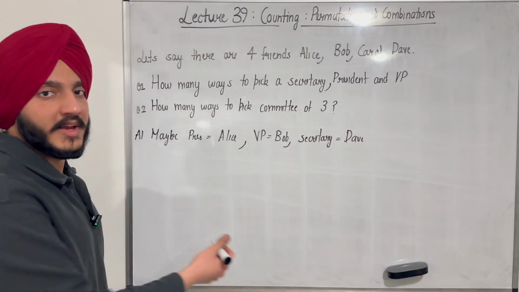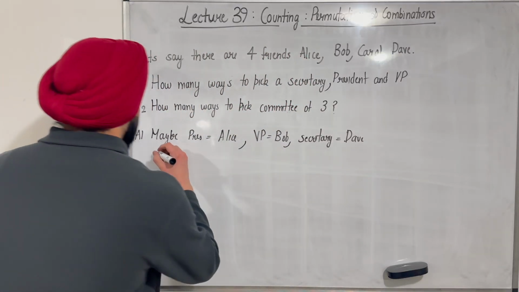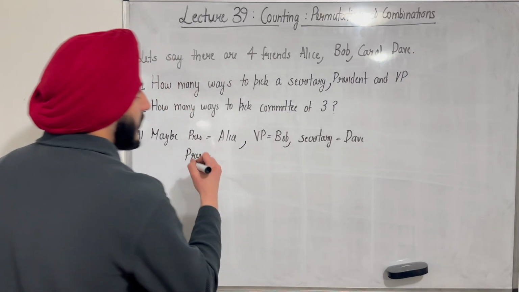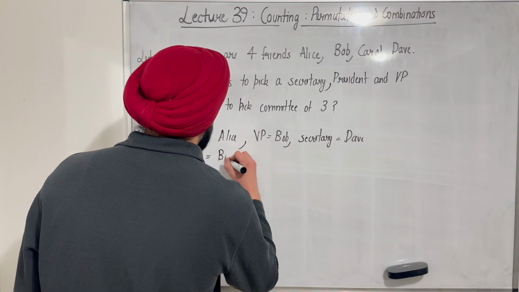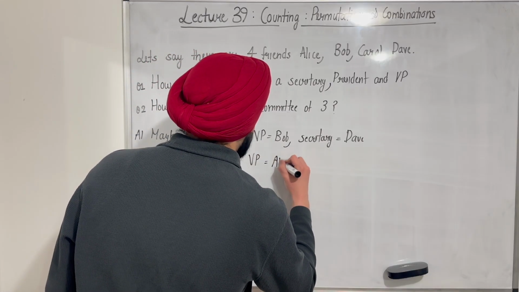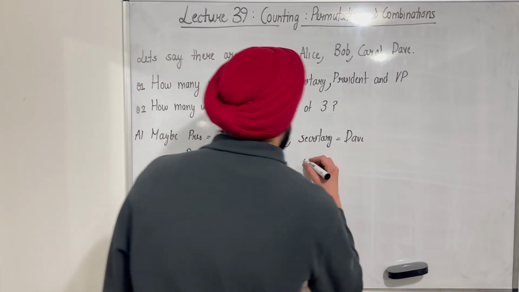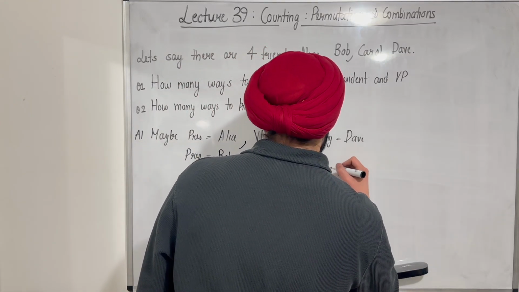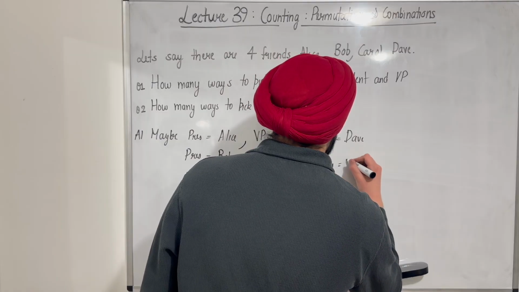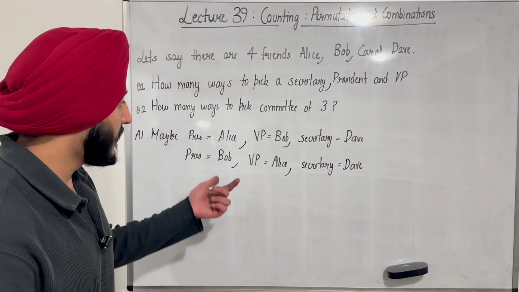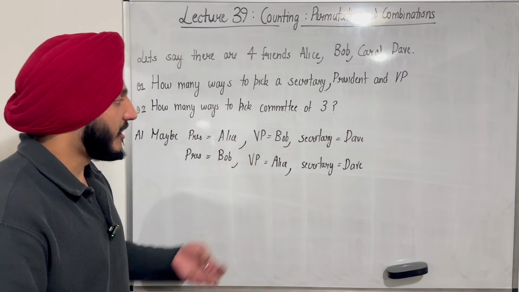Right? This is one of the ways that I can pick it. Okay. Now let me ask you. So let's say for the second case we pick president equal Bob, VP equal Alice, and secretary equal, so let's say Dave is the secretary and we just interchange the positions of Alice and Bob.